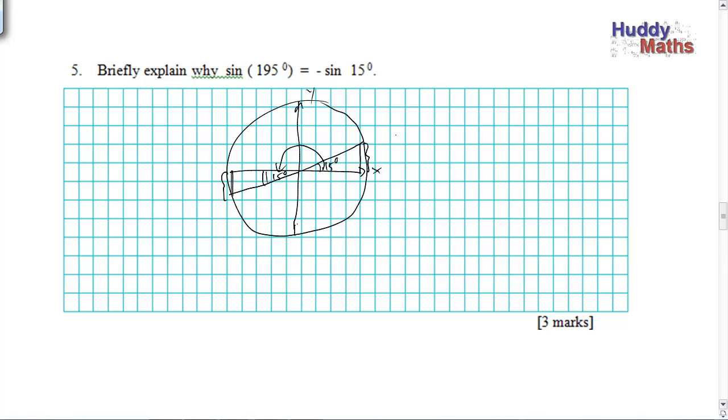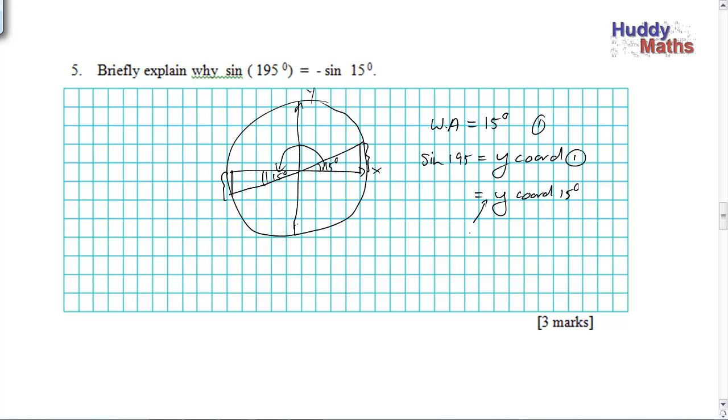But let's have a look. 3 marks. What do you have to do? Well, first of all, you have to state that you're going to link it up with a working angle in the first quadrant of 15 degrees. That's 1 mark. And then you need to say, well, the sine of 195 is the y coordinate of that point down there, and that is going to be equal to the y coordinate of 15, but negative.